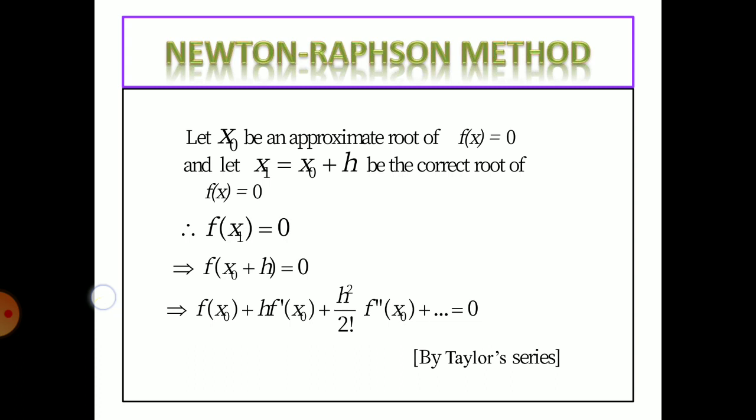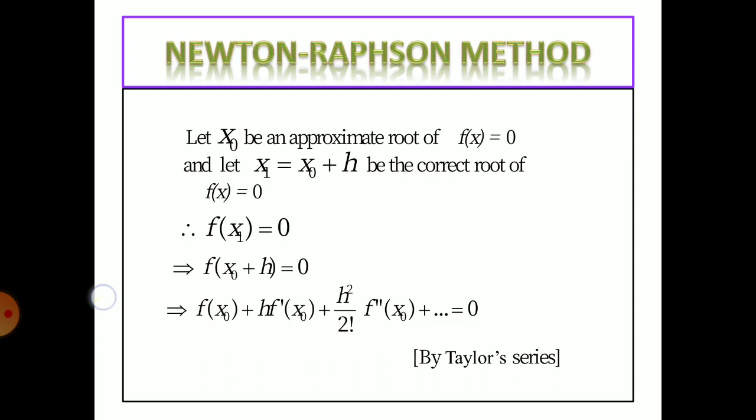By applying Taylor's series, f(x0 + h) = 0 can be expanded as f(x0) + h f'(x0) + h² / 2! f''(x0) + and so on, equal to 0. This expansion is called the Taylor series expansion.